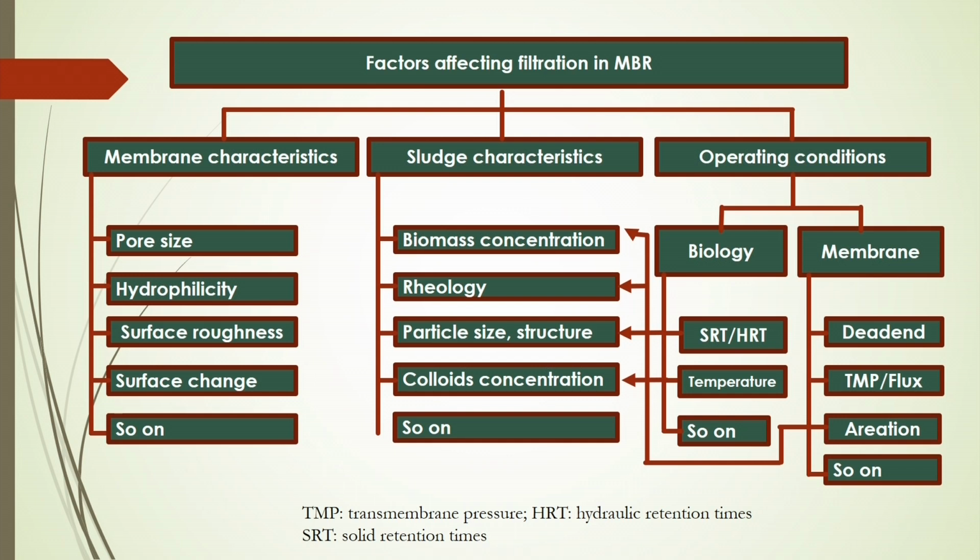Other operating conditions are temperature, flux, aeration, and others. These are the different factors you have to remember to get membrane efficiency for particular processes. You have to consider these factors, and based on them you can optimize and intensify the process by membrane.